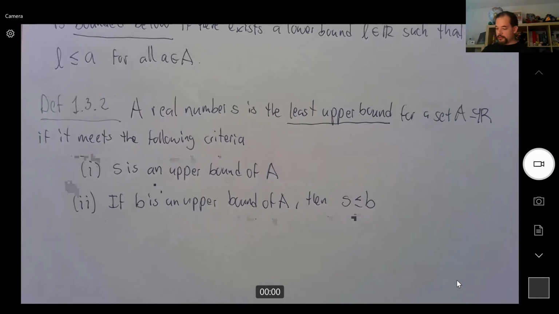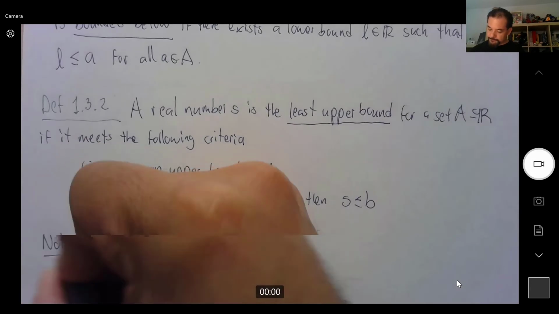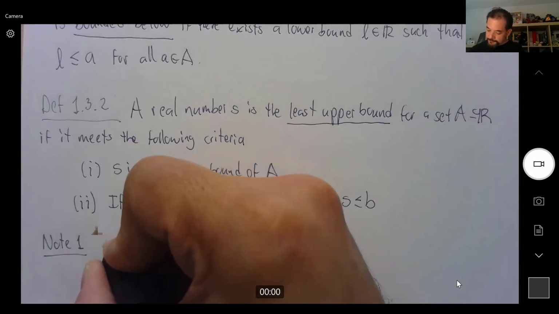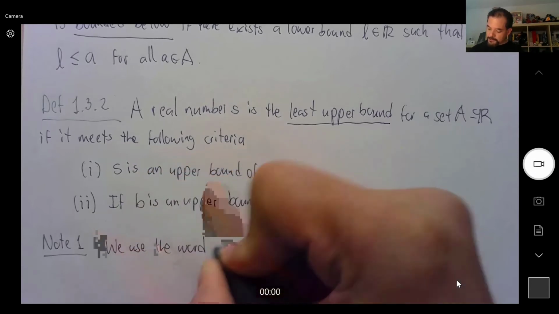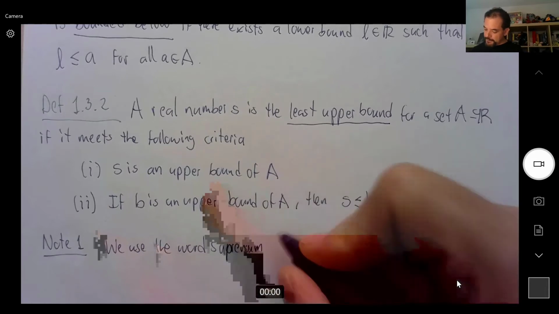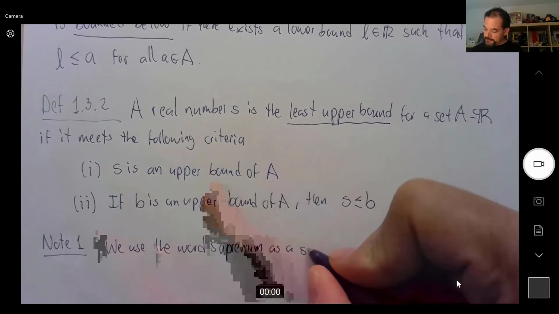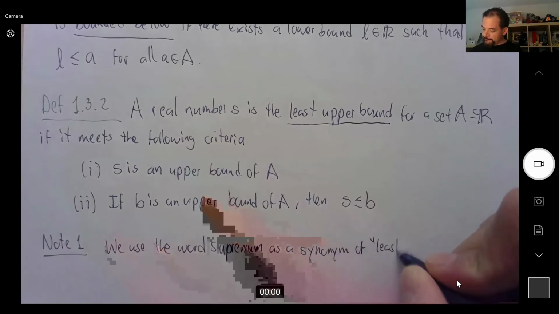That's just a short way of saying least upper bound. So note one, we use the word supremum as a synonym of least upper bound.